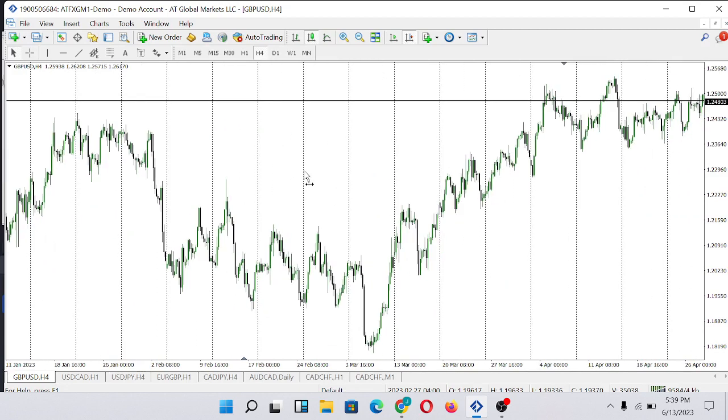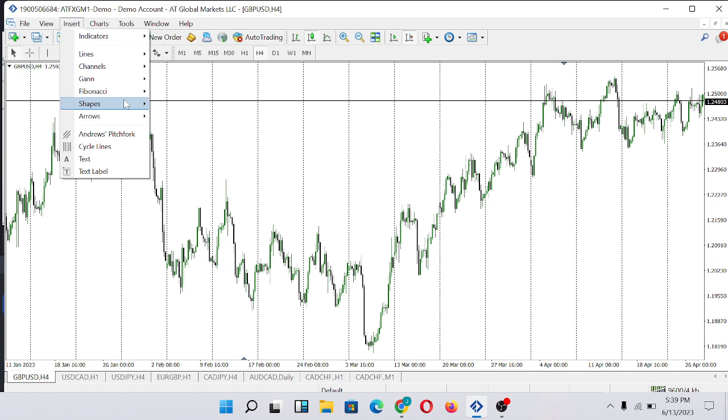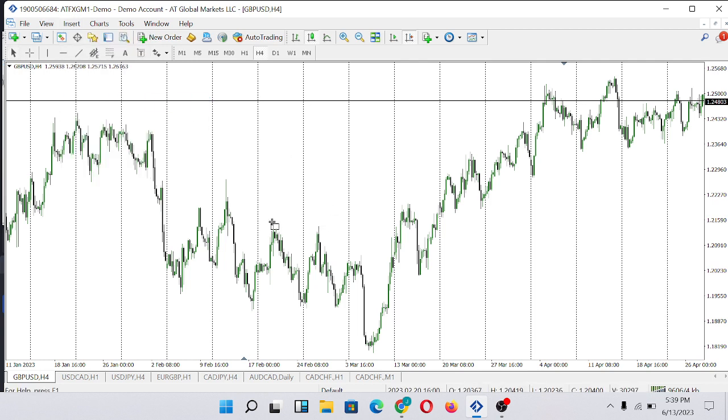And the third movement is what we call the ranging market, where the market moves in the same range. It goes up, comes down, goes up, comes down, goes up, comes down. Let me mark an example of a range so that you see.